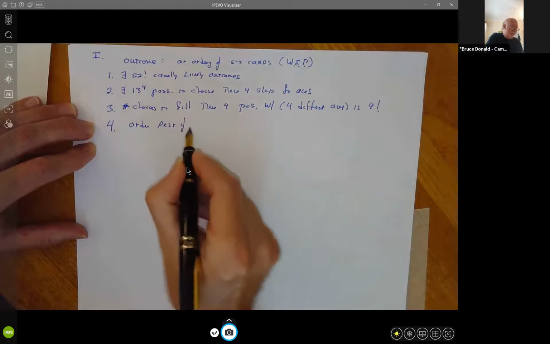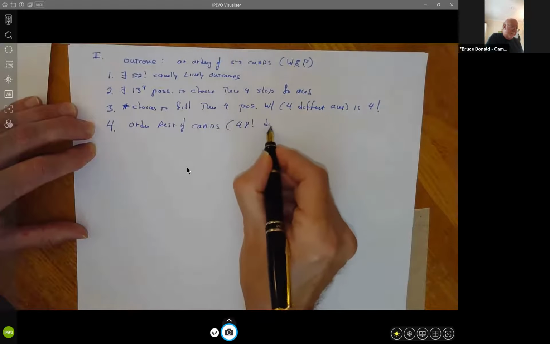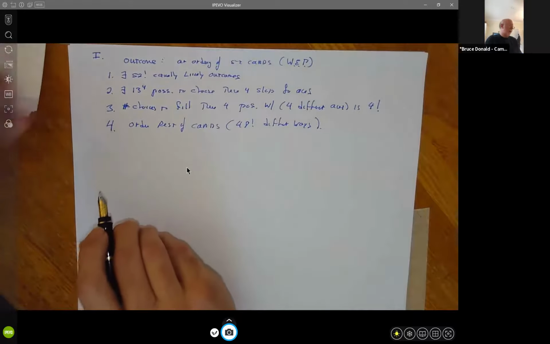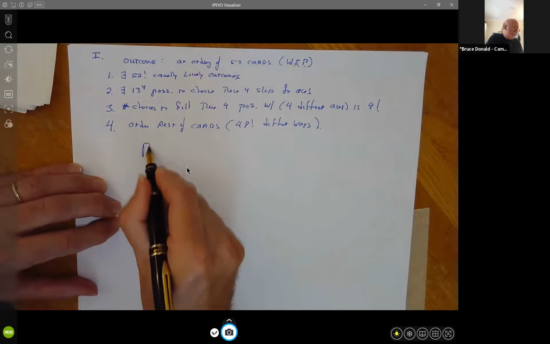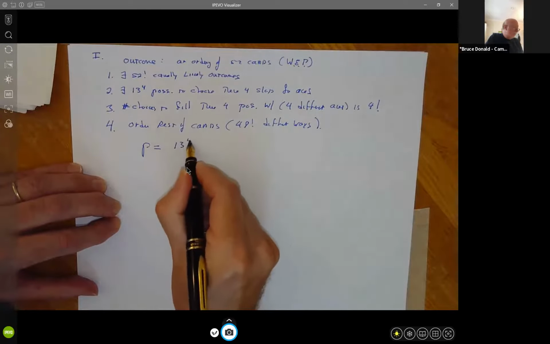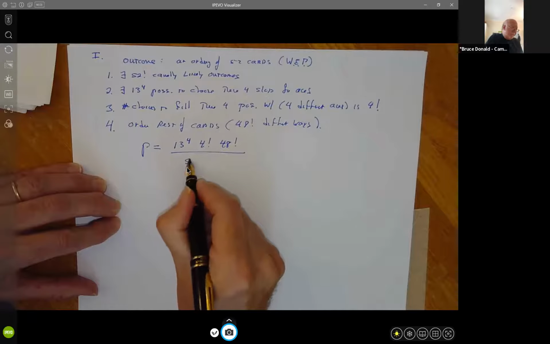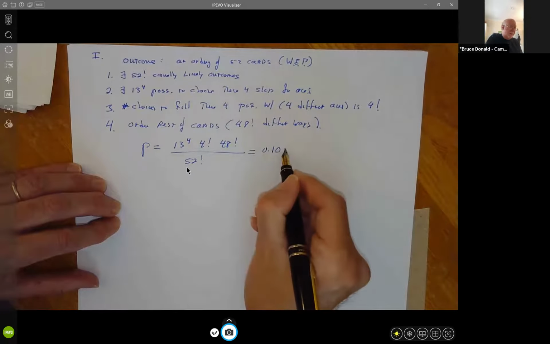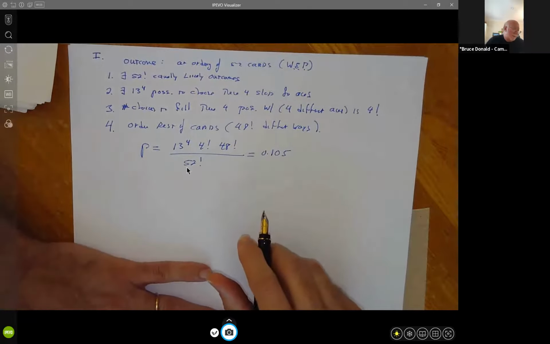And by this calculation, we come up with the following. I'm going to write it down, and then I'm going to justify this. So the probability we get here is 13 to the 4 times 4 factorial times 48 factorial over 52 factorial, which again equals approximately 0.105.